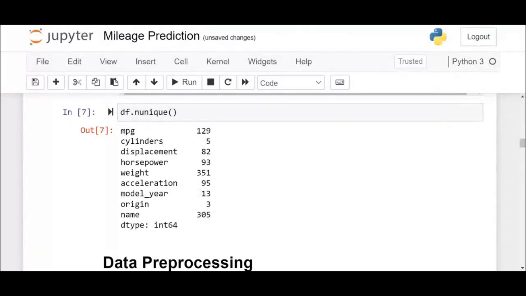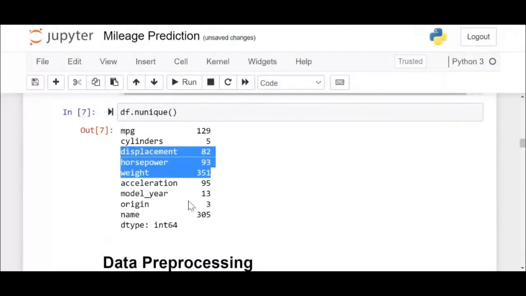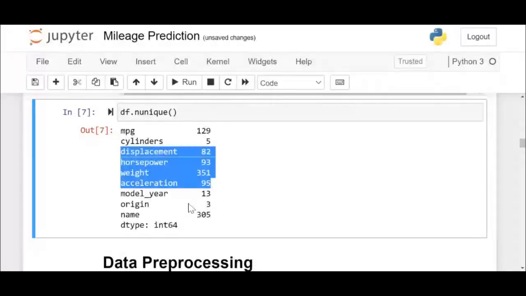We have just seen that cylinder and displacement are highly correlated, so we are not using the cylinder. We are using displacement, horsepower, weight, and acceleration. These four features we have decided to use for this exercise.